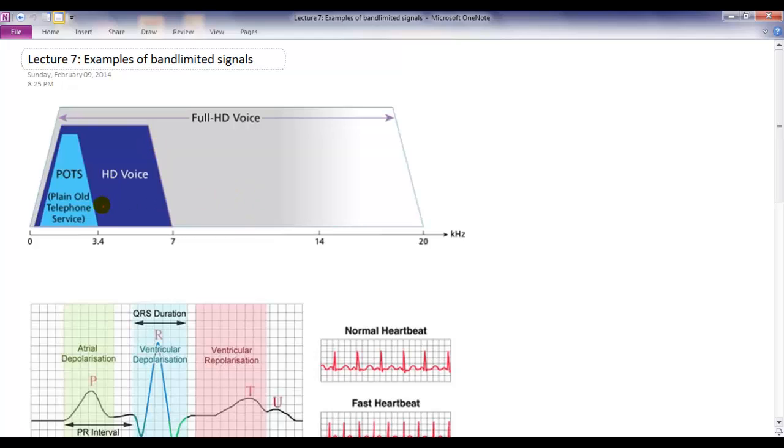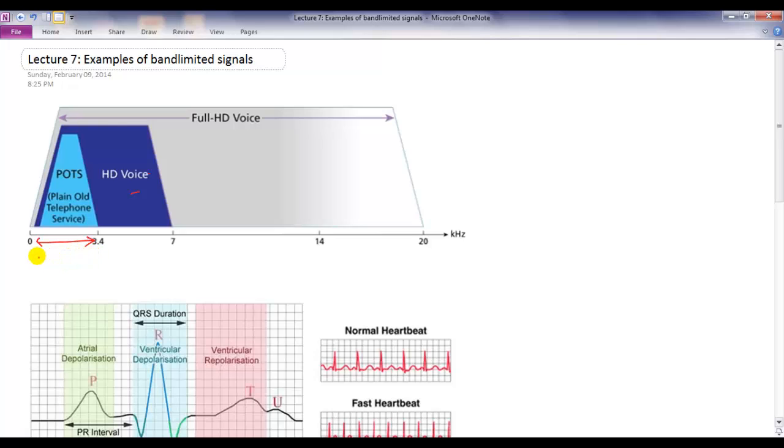So this is what the plot shows: if you are thinking of transmission over the telephone line, it's called POTS, the acronym for plain old telephone service, it's 3.4 kilohertz. And you have to sample it at a certain rate to satisfy that.